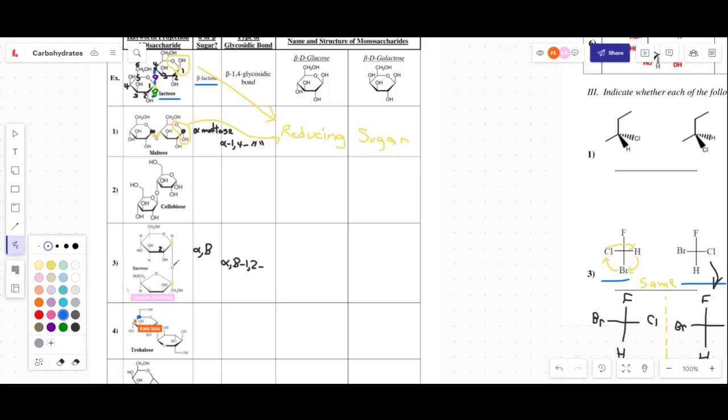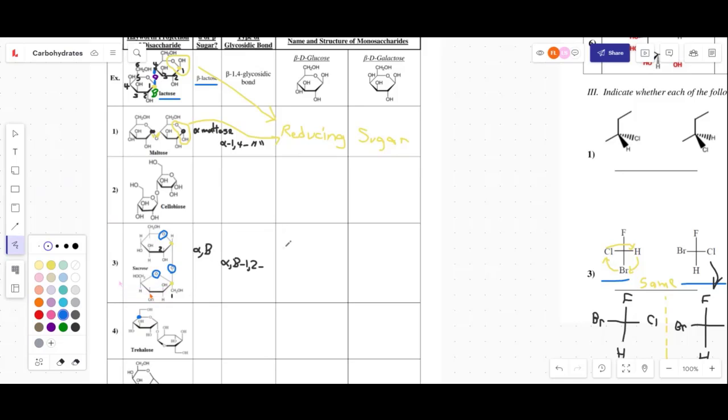If you look at it, the top anomeric carbon is connected to this one and this one. They're both oxygens. Neither one is an OH. The bottom anomeric carbon is connected to this one and this one. So in both cases, the oxygens are not OHs. There's no hemiacetal here.